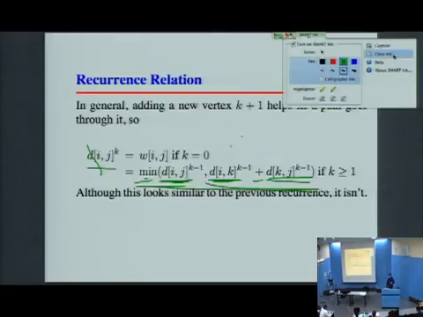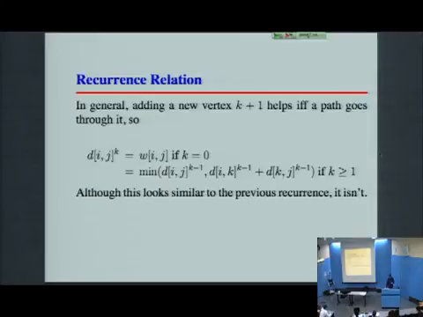Yes? Is this k here the same as that k? Wait, which k are we talking about? This k over here is the same as this k, is the same as this k.